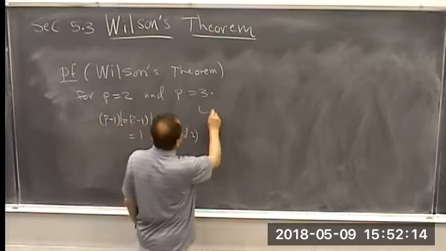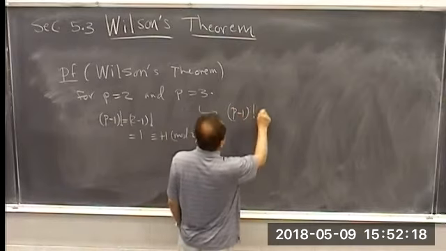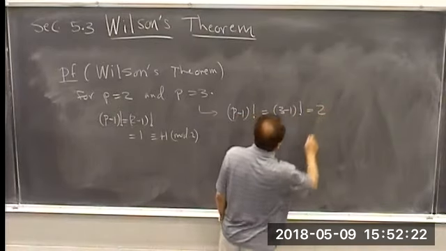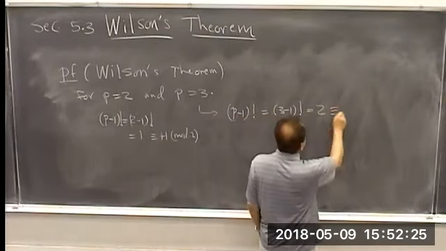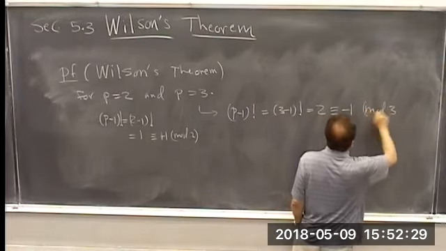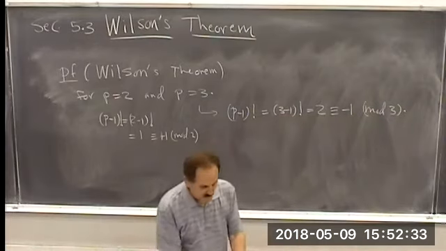For 3, we have p minus 1 factorial is going to be 3 minus 1 factorial, which is just 2. And this is again congruent to negative 1 mod 3. So for these 2 cases, the congruence holds.